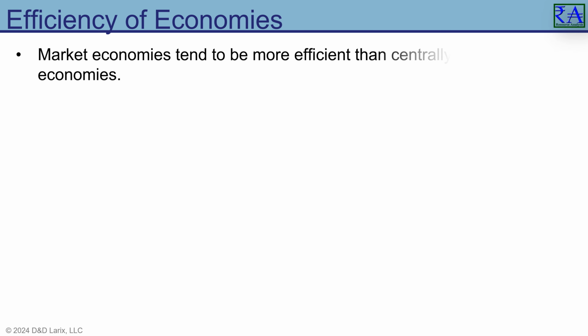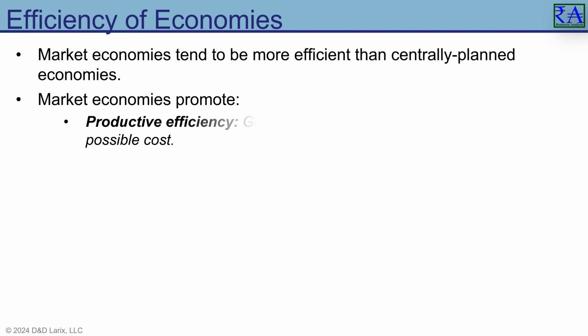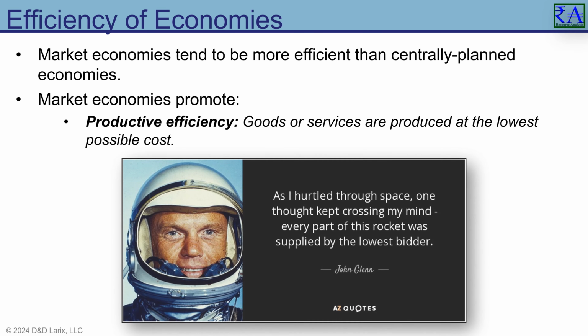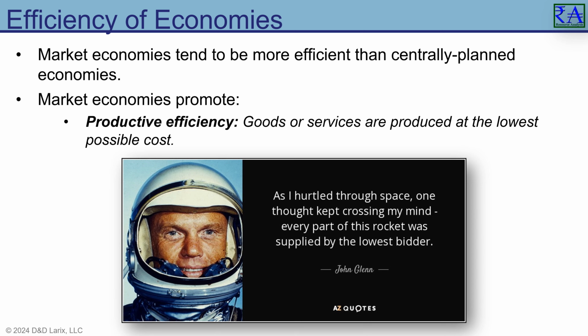Market economies tend to be more efficient than centrally planned economies. One key aspect of this efficiency is productive efficiency, which occurs when goods or services are produced at the lowest possible cost. You might have encountered this concept in various scenarios, such as in the selection of the low-cost bidder for a city park project, a bridge development, or even a space program contractor.